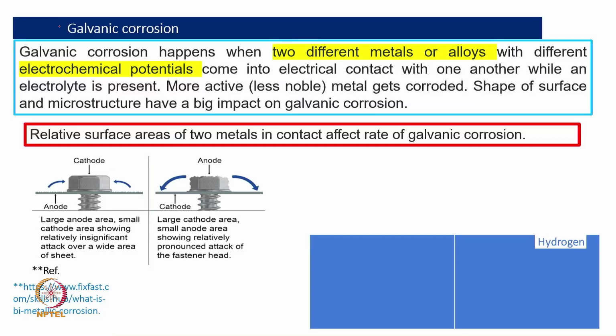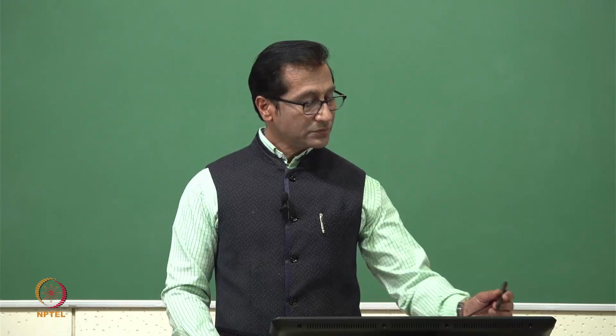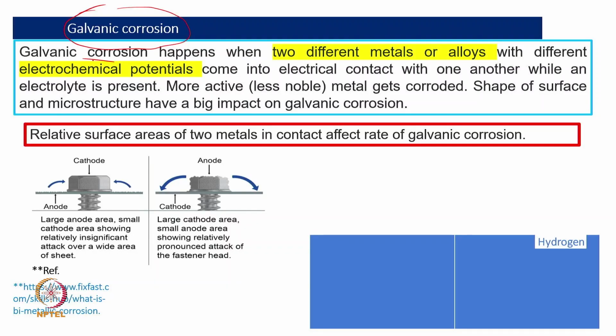Now coming to galvanic corrosion, as I mentioned, if we know corrosion is increasing, we need to utilize the knowledge in an appropriate manner. Galvanic corrosion happens when two different metals or alloys having two different electrochemical potentials come into contact, and the electrolyte has to be present.